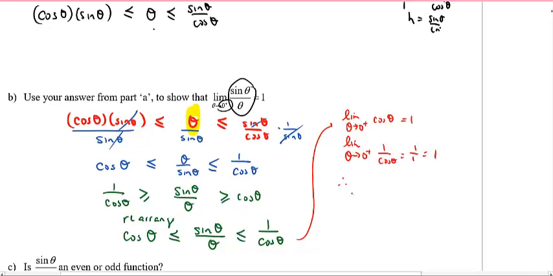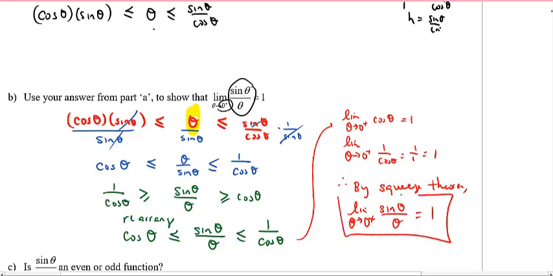So therefore, what do you know? Yeah, by the squeeze theorem, the limit as theta approaches 0 from the right of sine theta over theta must also equal 1. And this is a very important fact.